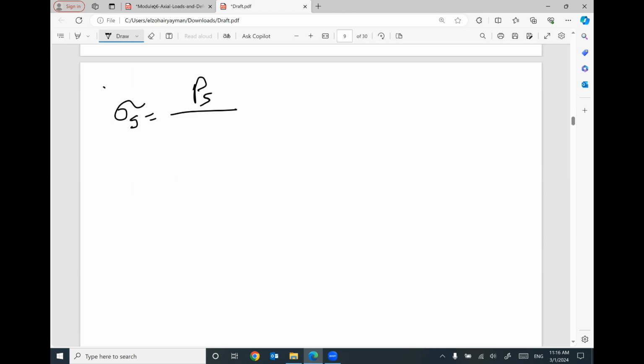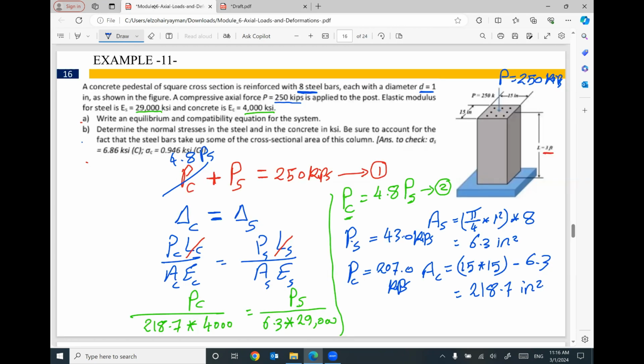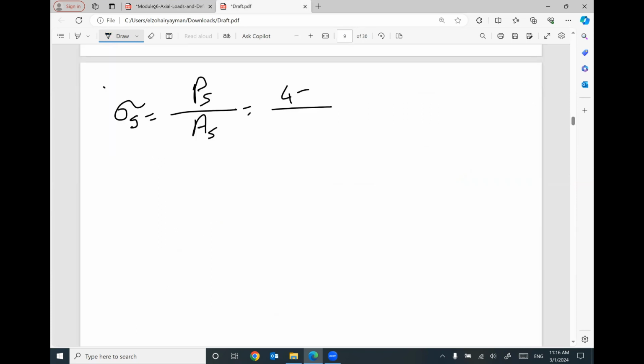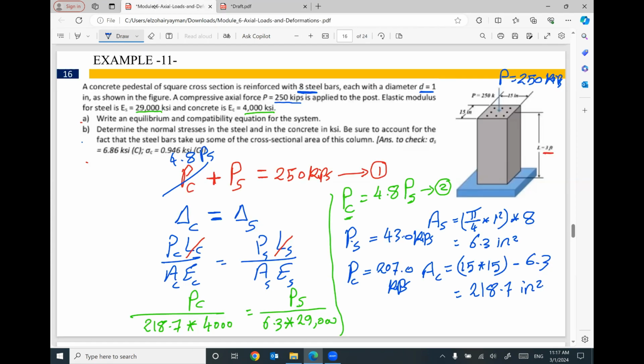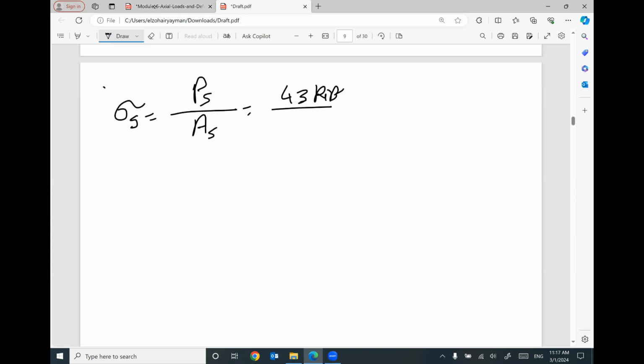it equals the applied force in steel, the part supported by steel, divided by the area of steel. So it will be 43 kip divided by the area of steel, which is 6.3 inches square. And this stress will be compressive stress, 6.82 KSI.